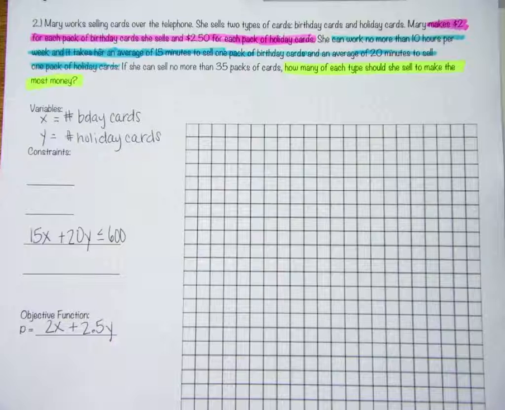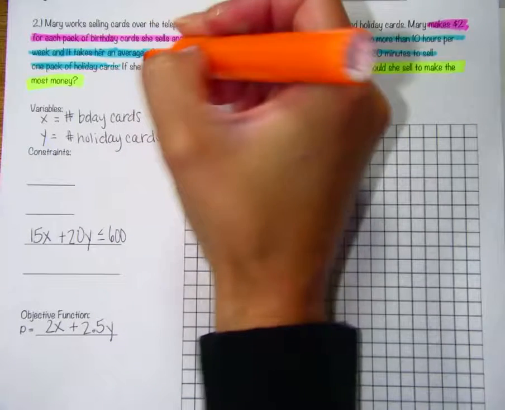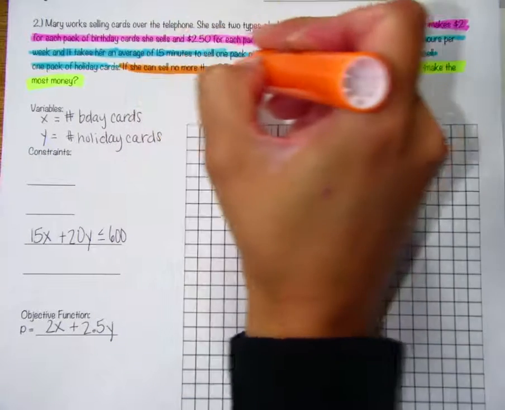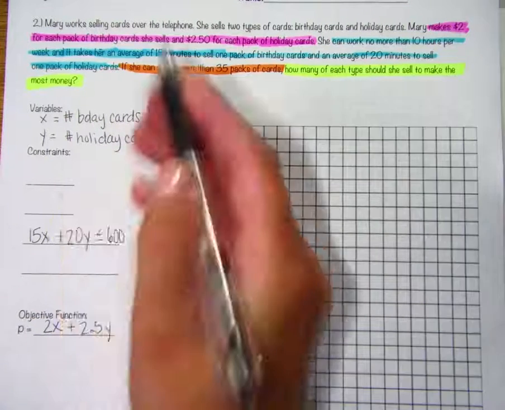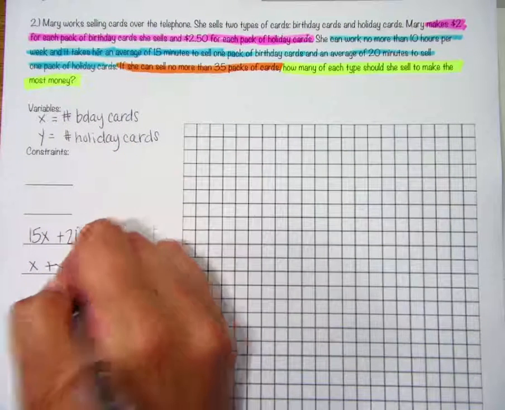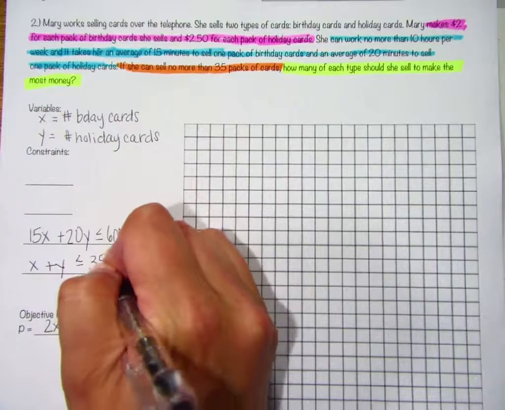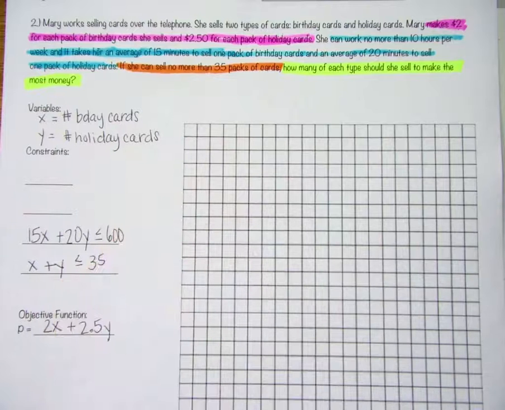Then the last piece of information, she can sell no more than 35 packs of cards. Between the two types, she can sell no more than 35. So between our holiday and our birthday, she will sell less than or equal to 35 packs.